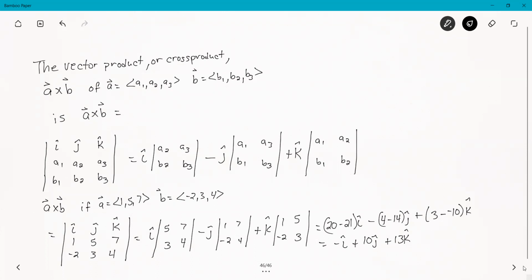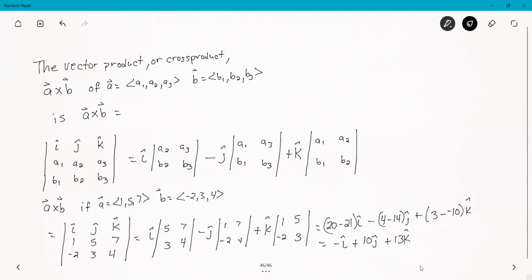Okay. So this would be our answer, negative I hat plus 10 J hat plus 13 K hat. That's if we do the cross product or the vector product of A cross B, where A is 1, 5, 7 and B is negative 2, 3, 4.